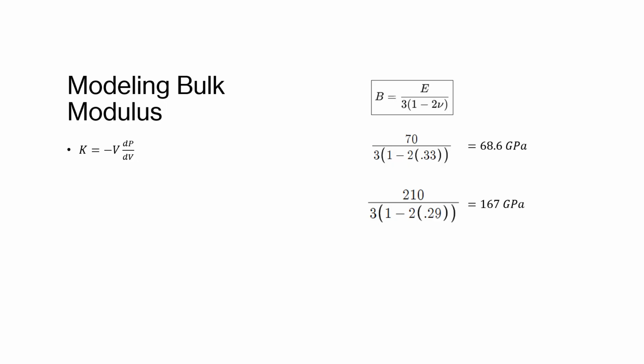Alright, next we will be looking at the bulk modulus. Basically, the bulk modulus measures how much pressure is needed to compress a material uniformly. So for iron and aluminum, it's calculated by looking at how the energy between atoms changes as the distance between them decreases.